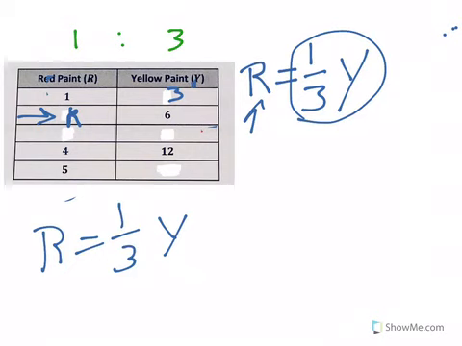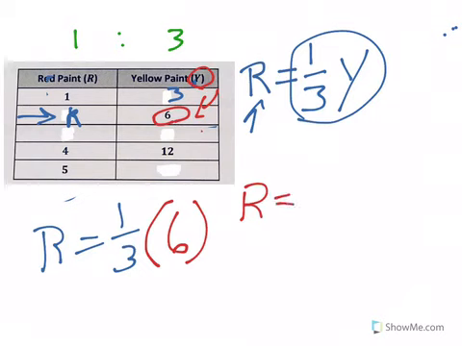So R equals 1/3 times Y, except in this case, we know that Y is 6. So instead of putting Y there, we can put 6, and I put it in parentheses, again, just to make sure it's not confusing. So R equals 1/3 times 6.